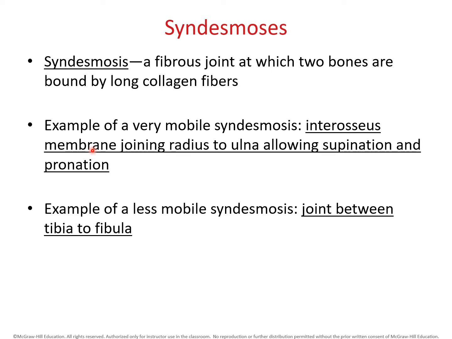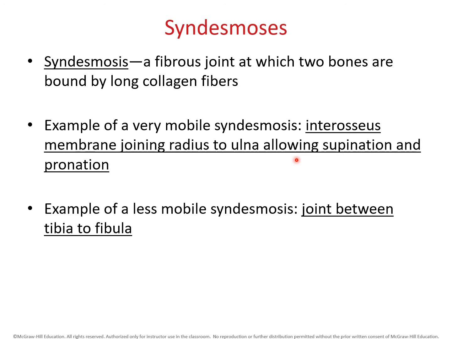This interosseous membrane is a wider sheet of fibrous tissue. So these interosseous membranes will be what is joining the radius to the ulna, and the tibia to the fibula.